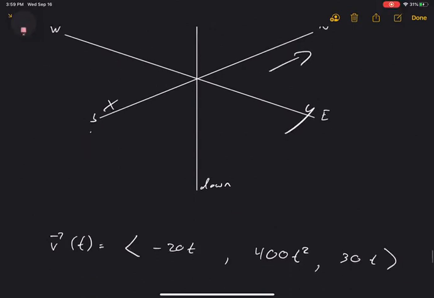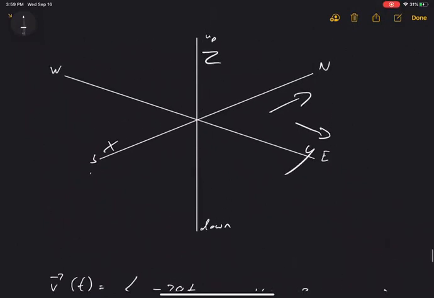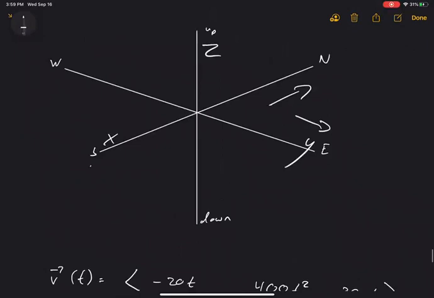At time t, the plane is moving 400 t squared in the positive y direction, which would be like east. And then it's moving 30 t up in the positive z direction. So maybe my plane has a velocity function that looks like this.